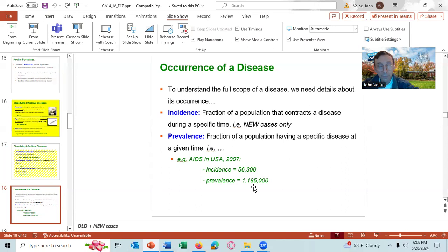I think with COVID-19, they usually use the prevalence, meaning the population of the United States which has gotten COVID-19, which now is probably getting close to 100%, but last I checked, it was less than 100%, something like 85% of the population have had COVID-19.